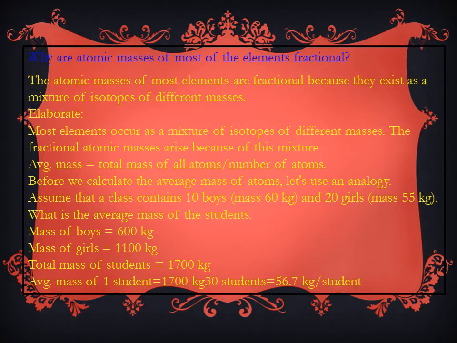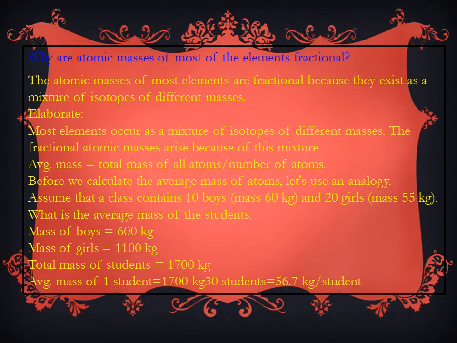Before we calculate the average mass of atoms, let's use an analogy. Assume that a class contains 10 boys, each of mass 60 kg, and 20 girls, each of mass 55 kg. What is the average mass of the students? Mass of boys: 10 times 60 is equal to 600 kg.